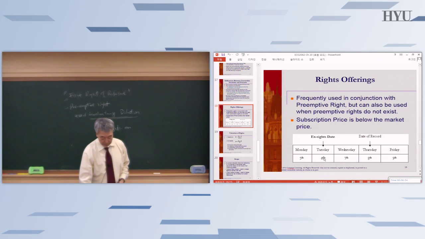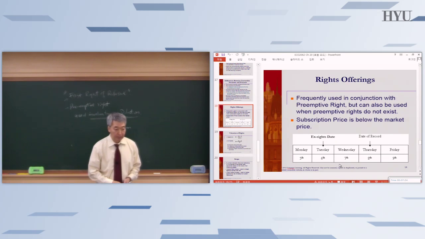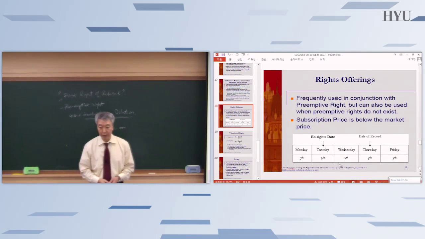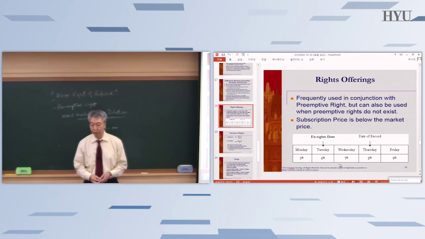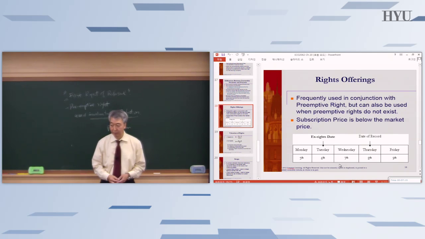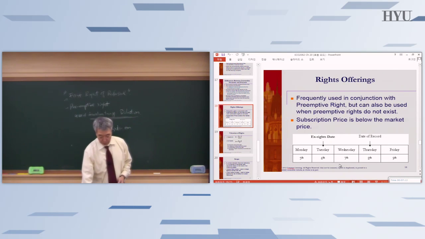After the ex-rights date, on the 7th, Wednesday, the stock price will go down, because holding this stock will no longer guarantee that you will receive the right. If you purchase this stock on the 7th, it takes 2 days to get on the record, but you have to be on the record by the 8th to receive the right.